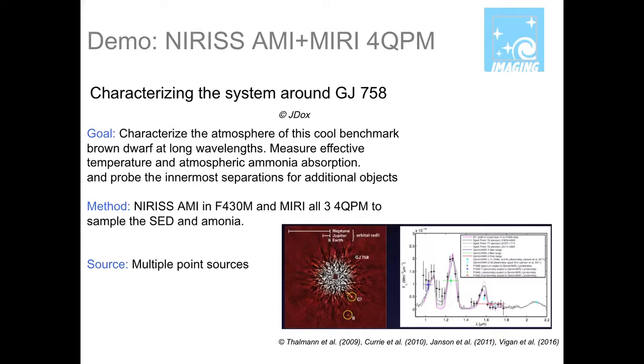So we'll use the F430M medium filter with NIRISS AMI to search for inner companions, and we'll use the MIRI 4-quadrant phase mask to sample the SED of the companion in three different filters to search for ammonia in the atmosphere of the companion.